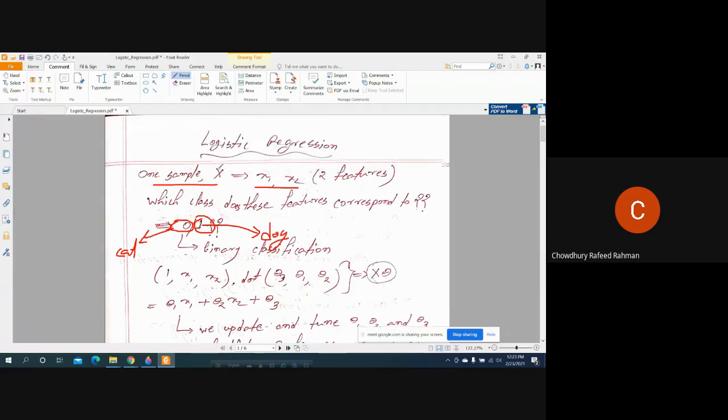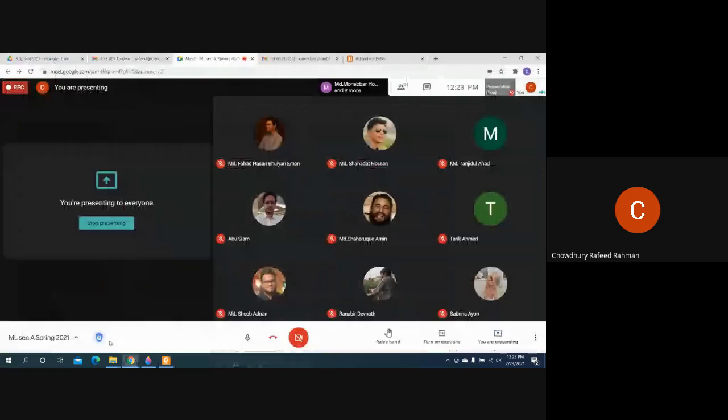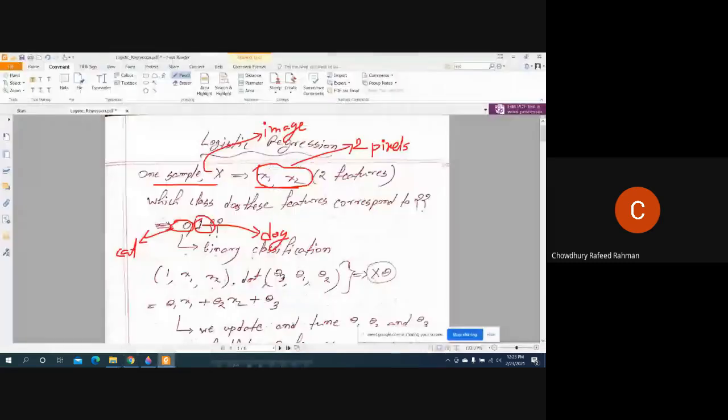We can suppose that this X is an image, and this image has only 2 pixels. Seeing these pixels, we have to somehow determine if X is an image of a cat or an image of a dog.